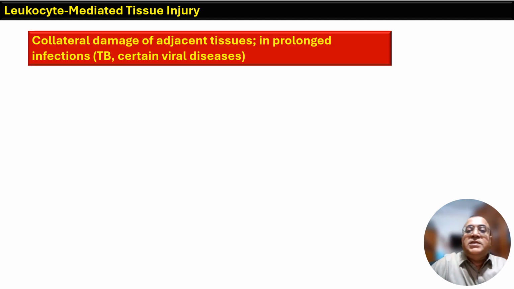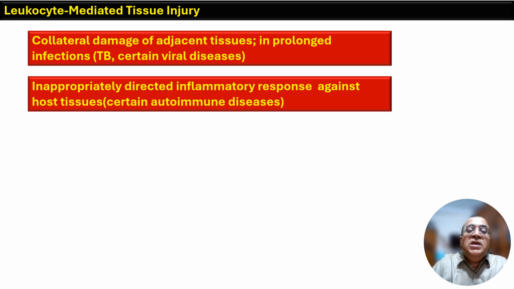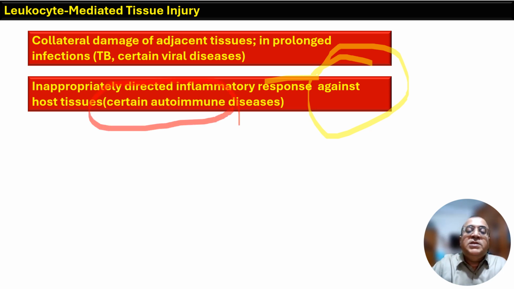There are many circumstances in which this leukocyte-mediated tissue injury occurs. It is basically the collateral damage of the adjacent tissue that occurs especially in prolonged inflammatory processes such as TB or in certain viral infections. Sometimes the inflammatory response is misdirected toward host tissue, as occurs in some autoimmune diseases.